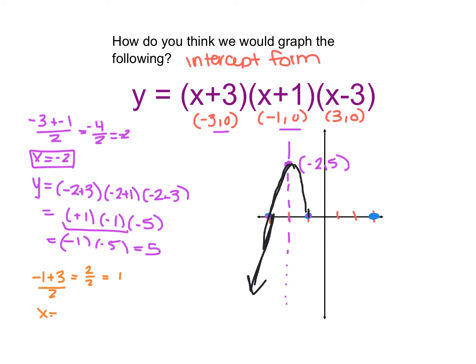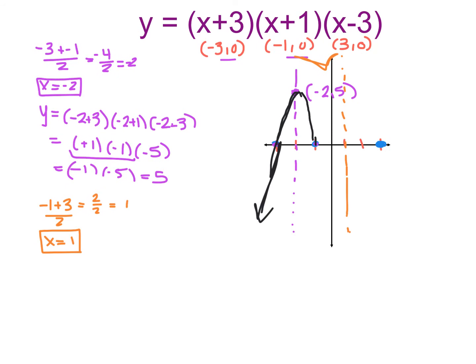So we know that our other local max or min, which is between that other pair of x-intercepts, is occurring at x equals 1. So we've got some sort of minimum or maximum point. It'll kind of look like a vertex occurring right there at x equals 1. So now if we substitute x equals 1 into our equation, we have y equals 1 plus 3, 1 plus 1, and 1 minus 3.